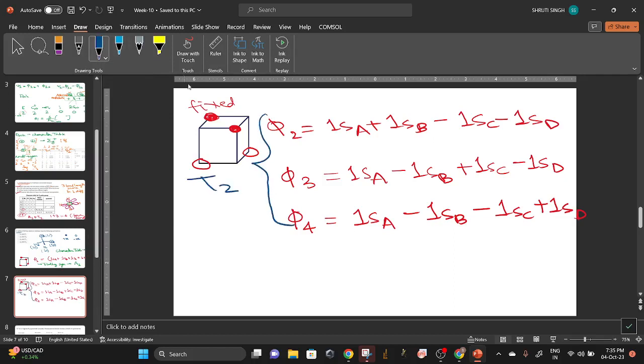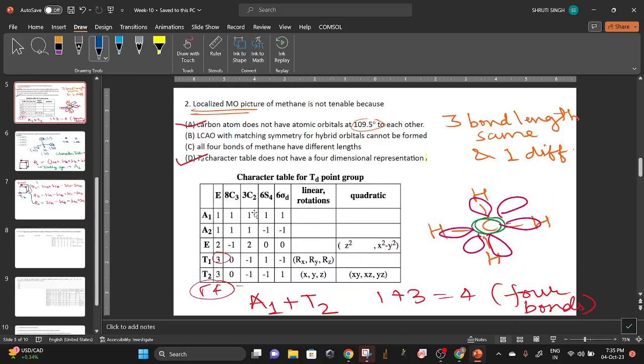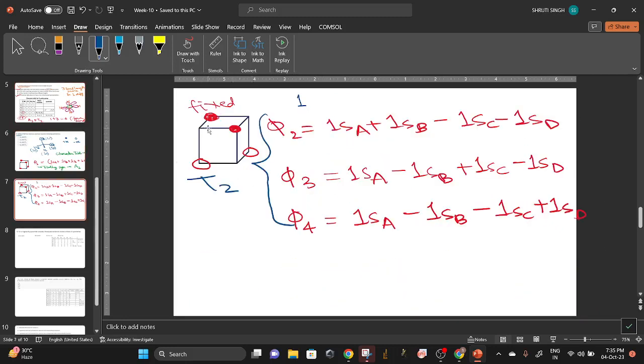You can check. Suppose we'll take this one. Under E it will be the same, so under E it will be 1. Under C3, if we apply C3, suppose this is the molecule, fix this, all three will change. So under C3 it will be 1.